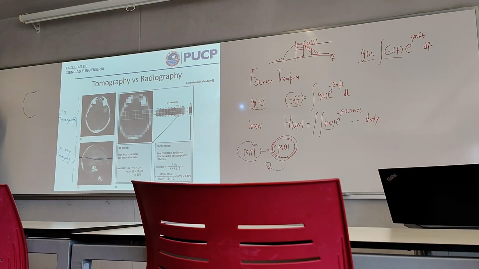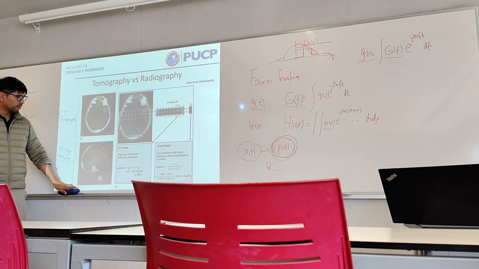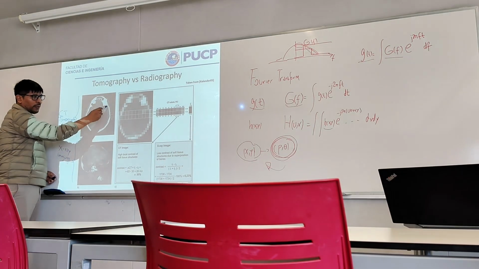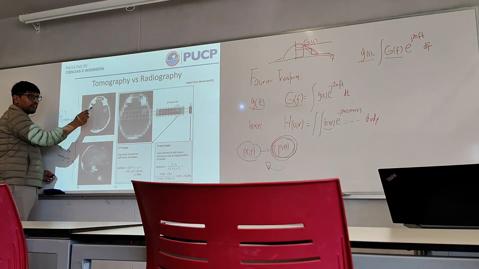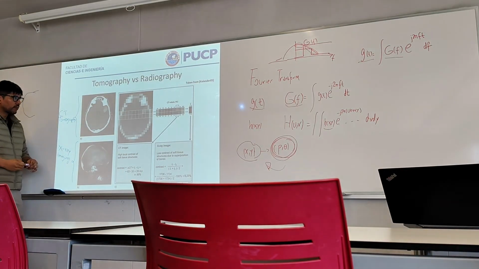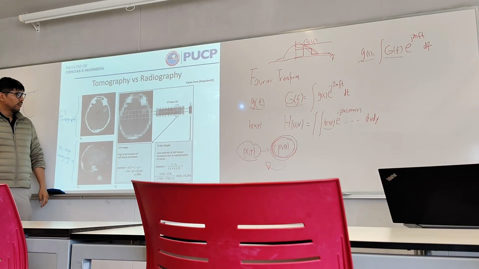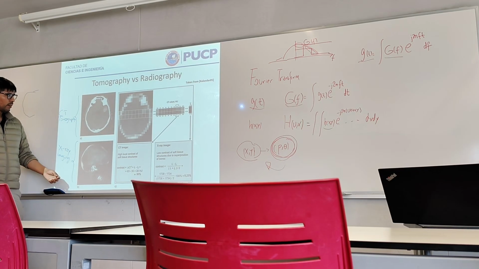And one thing that this image tries to show is that if we look at this part, we see something different than this side, for example, the left side. It means this 2D image allows us to see something strange in the right side of the brain that is not appearing in the left side.